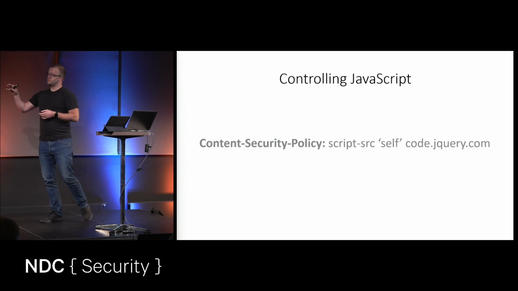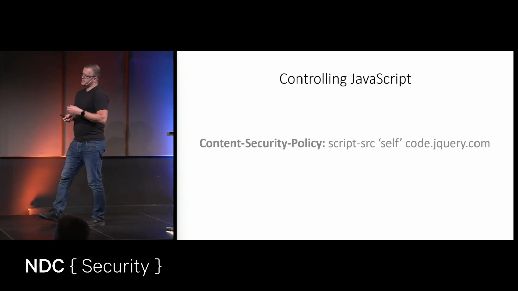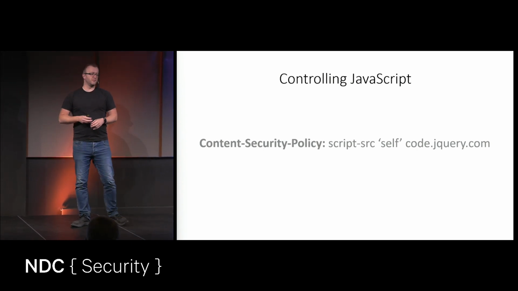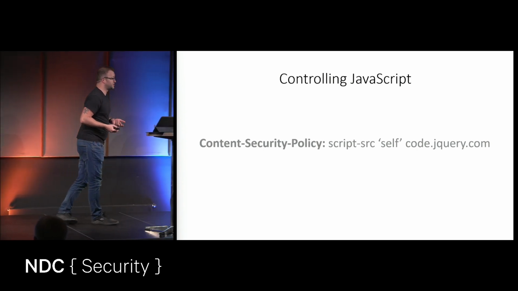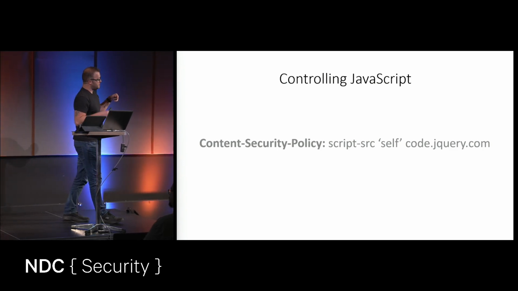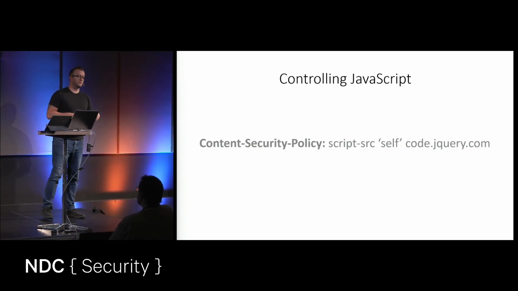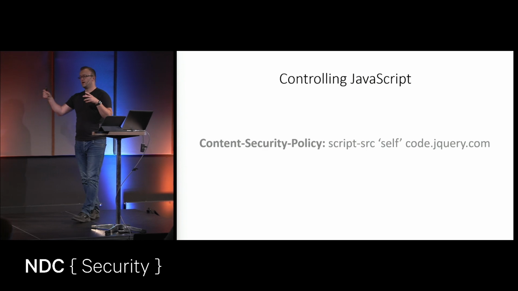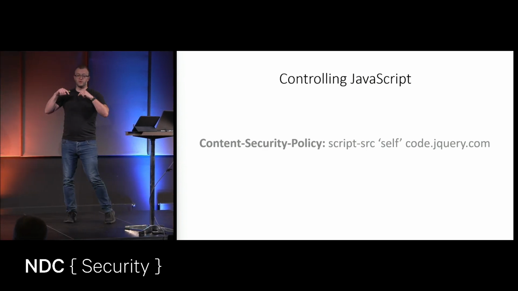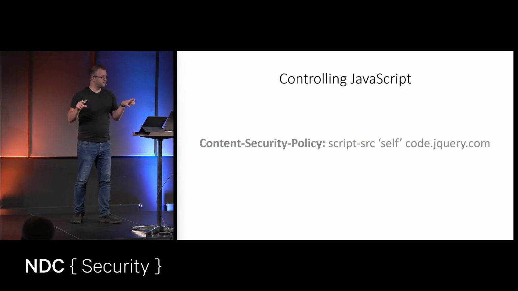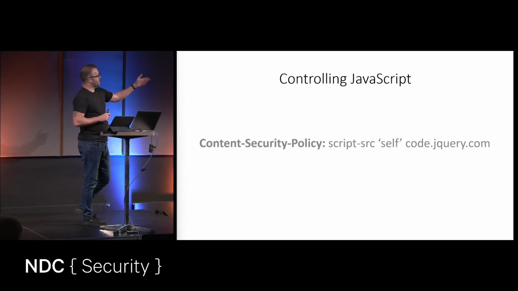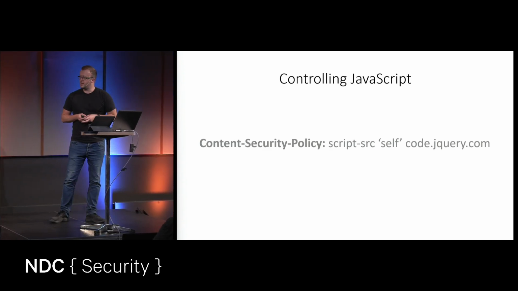So we have the script source directive here. So I define the header and I say script source. And what I'm telling the browser is, where should I be loading JavaScript from? Now, self means match the current origin of the page. So if I'm on my personal site, like scotthelme.co.uk, it means you can also load JavaScript from that origin. And then I'm also, let's say I pull jQuery from the jQuery CDN.